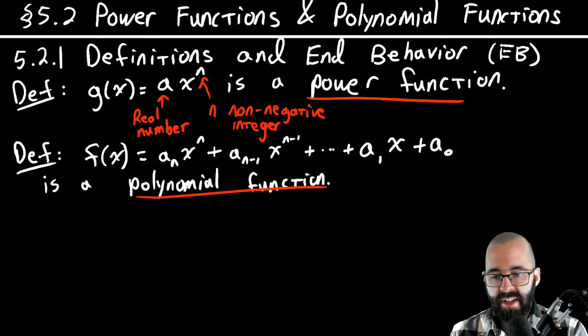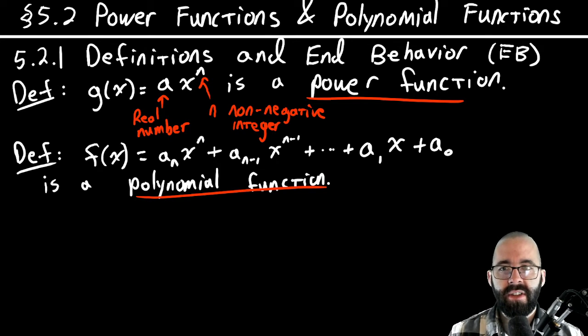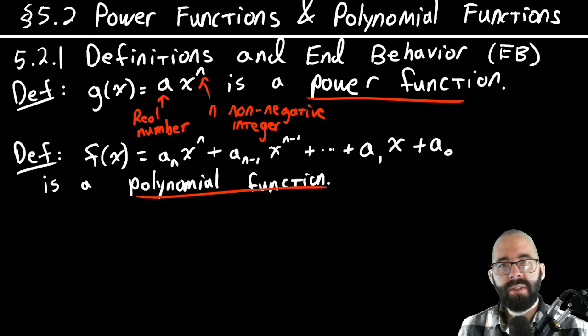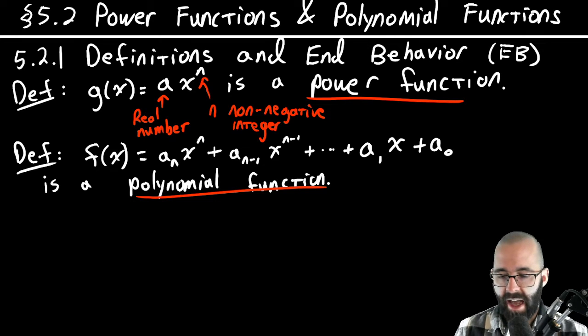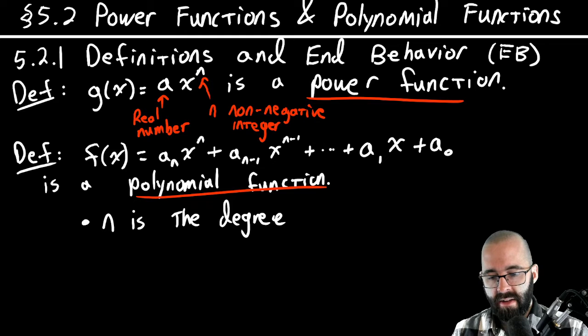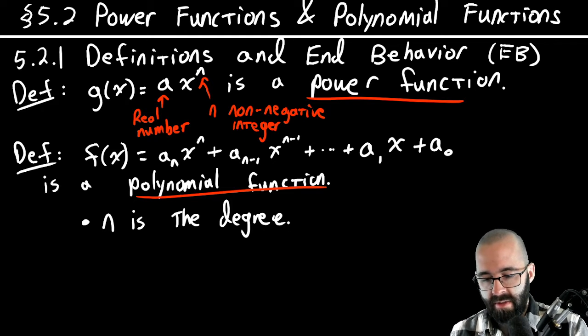All right, so that's mostly what we're talking about in this section. A lot of things about power functions and polynomials are going to be very similar because polynomials are just a bunch of power functions being added together. Some other definitions. N is the degree for this polynomial.